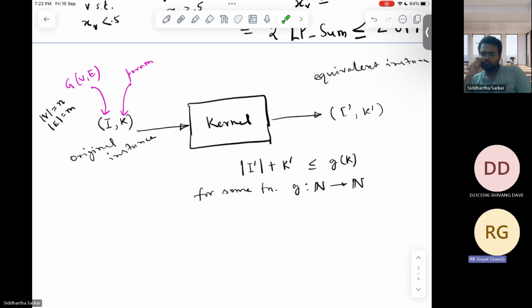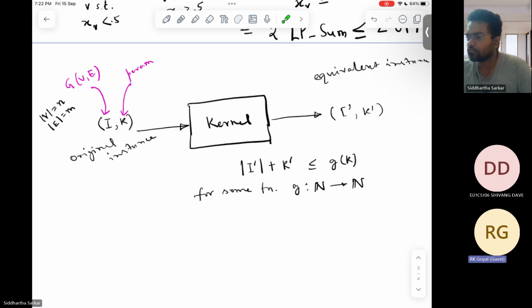How does this make sense? The intuition is a bit not easy to comprehend. Yes, so you are asking why the function on the right-hand side is dependent only on k.